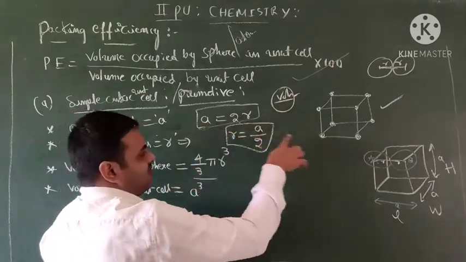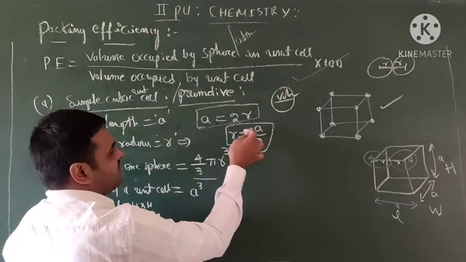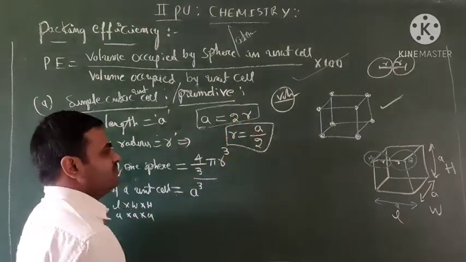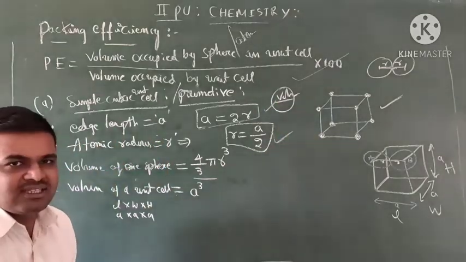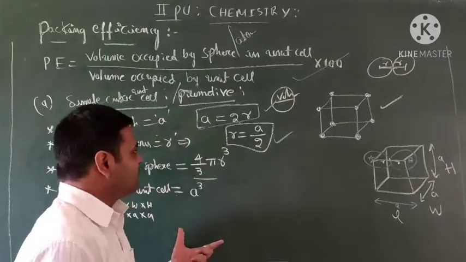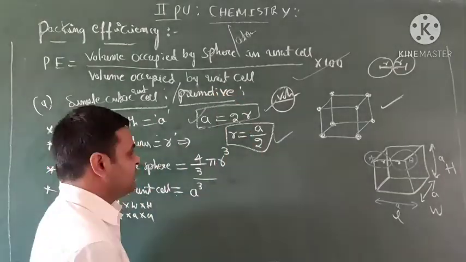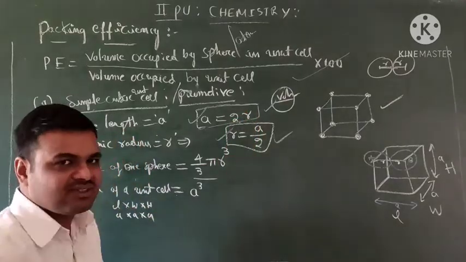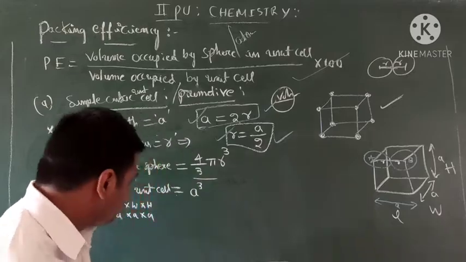So A is equal to 2R, R means A by 2, 2R is equal to A. These are very important terms. Students, we can solve it in two ways: you consider A, or you consider R. First one, whichever I can choose.